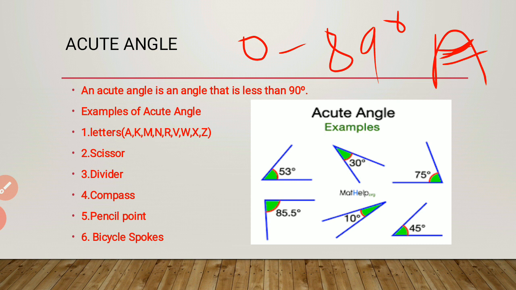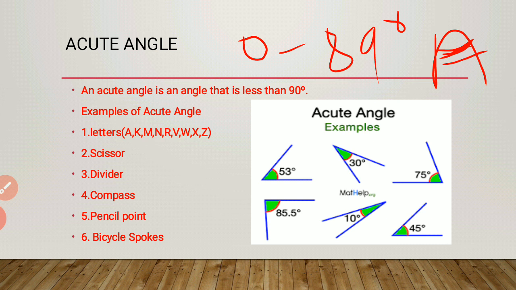And you can see scissors, there are two parts in scissors, and these two parts make an acute angle. Then the divider, you also have a divider in your geometry box, so it also makes an acute angle. Then your compass is also making an acute angle.